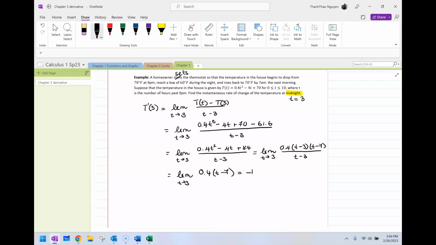And this is negative 1.6. This means that the temperature dropped at the rate of 1.6 degrees per hour at midnight.